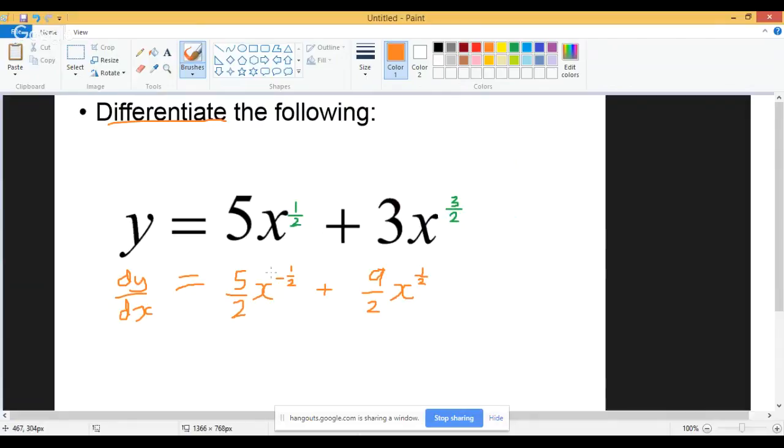But mathematicians don't really like to work with negative powers, so it's better to just tidy it up a little bit. X to the power minus a half, we can take to the bottom of the fraction, as long as we change the power from negative to positive. So let's see if we can do that.